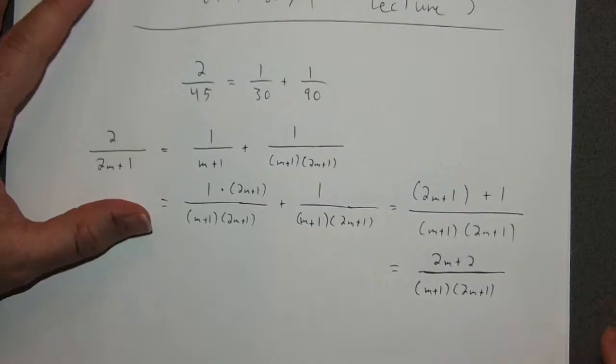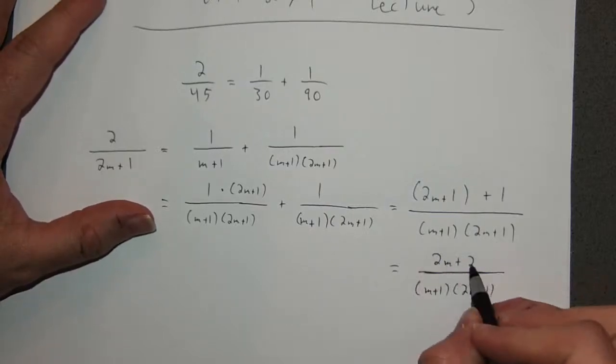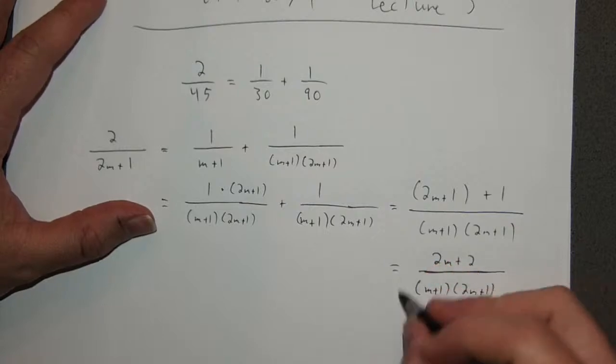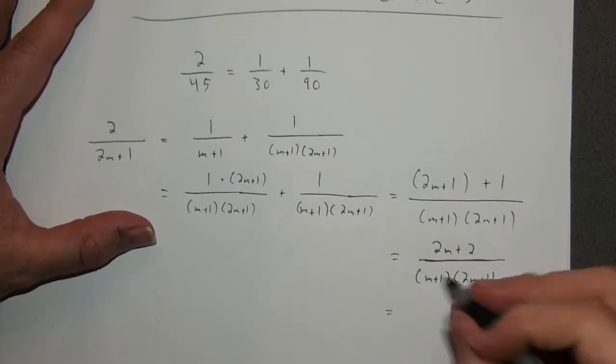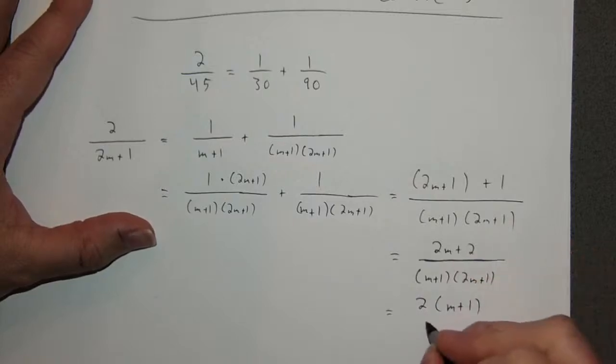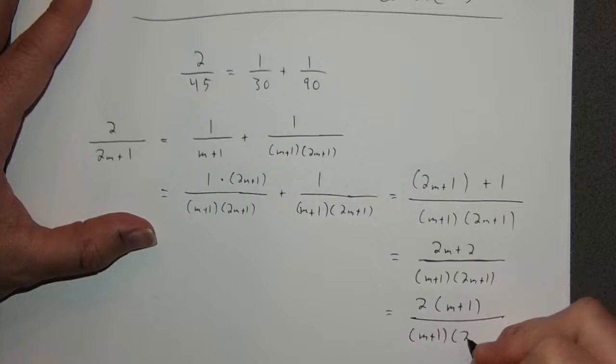So then what now? Well, 2m plus 2, I can factor out a 2, so this is 2 times m plus 1 over m plus 1 times 2m plus 1.